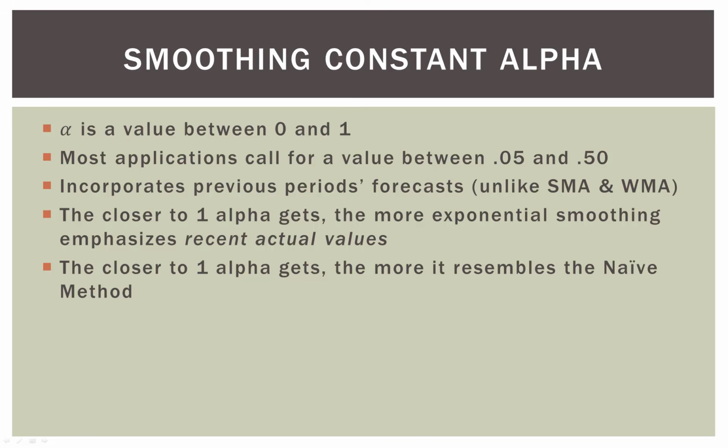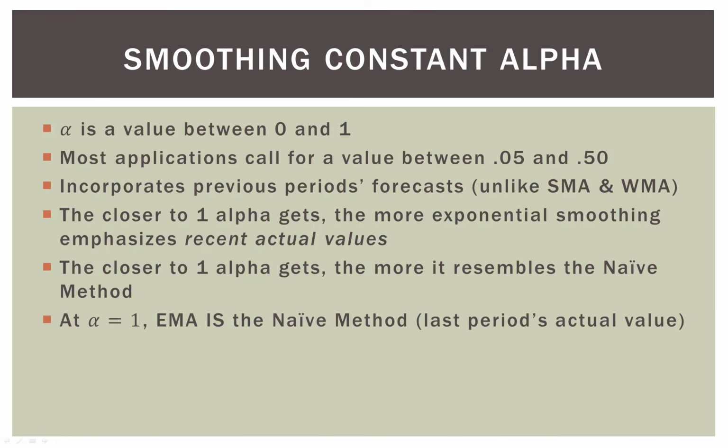So if our enrollment was 30,000 last year, in the naive method, our forecast is going to be 30,000, because we're just using that last year's data point. So in the EMA, the closer to 1 alpha gets, the more it resembles that. Now, at alpha of 1, the EMA is the naive method. So at that extreme value of 1, the EMA and the naive method of forecasting are the same.